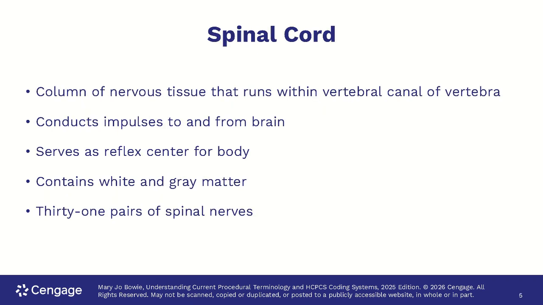All right, so the spinal cord. The spinal cord is a column of nervous tissue that runs within the vertebral canal of the vertebra. And the spinal cord's function is to conduct impulses to and from the brain and serve as a reflex center for the body. The spinal cord is surrounded by the meninges and the cerebral fluid.